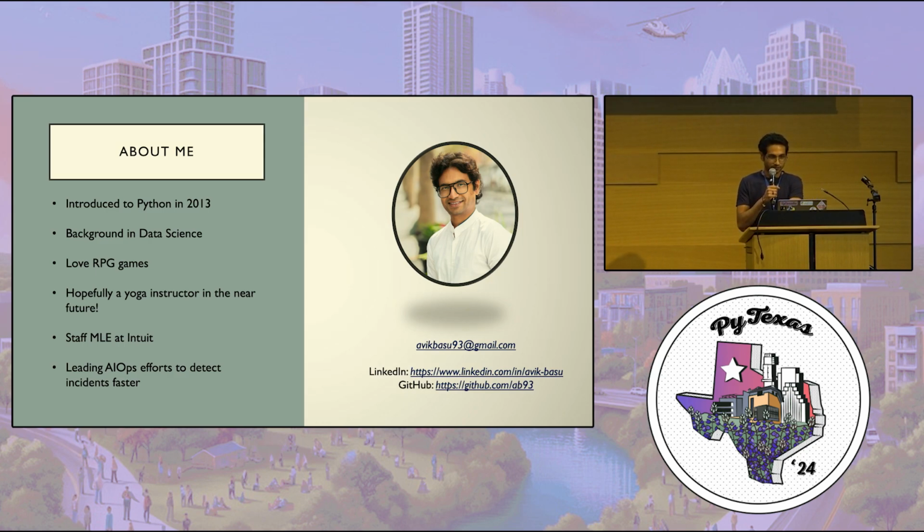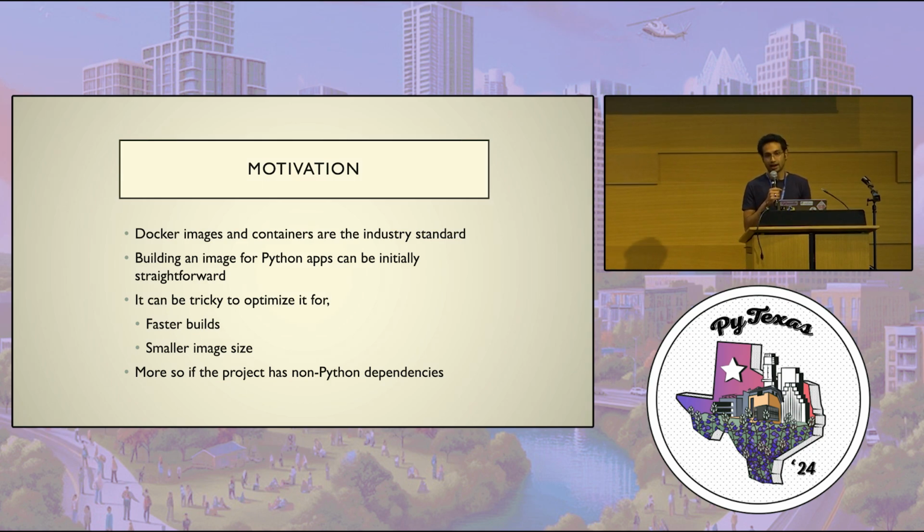So without any further ado, let's talk about the motivation behind why we are really talking about images and containers. We all know that shipping applications in production using Docker is kind of a go-to right now, especially when you use something like Kubernetes with it. The good thing is that building an image for a Python application is pretty straightforward.